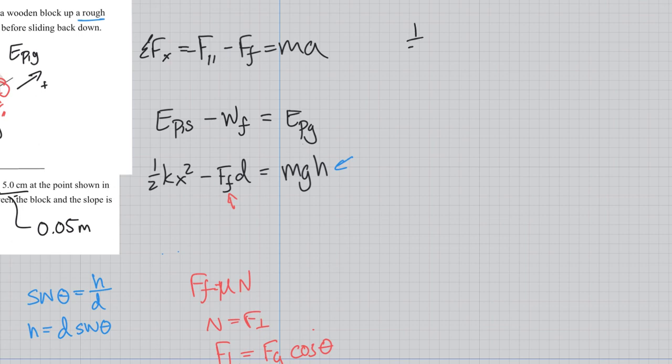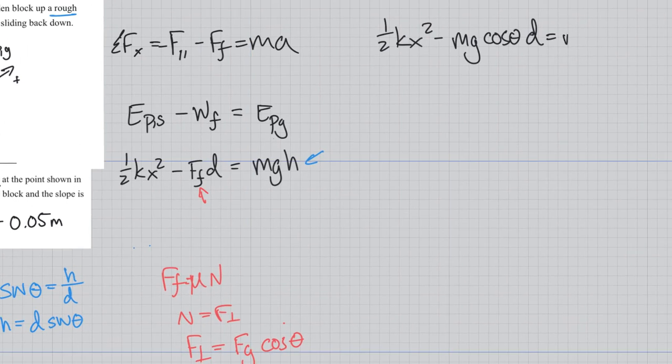So we get 1/2 kx squared, minus, force of gravity is mass times gravity, cosine of theta times d, equals mg sine of theta times d. So we just plugged in those two equations into that. And essentially what we're trying to do is isolate d, right?